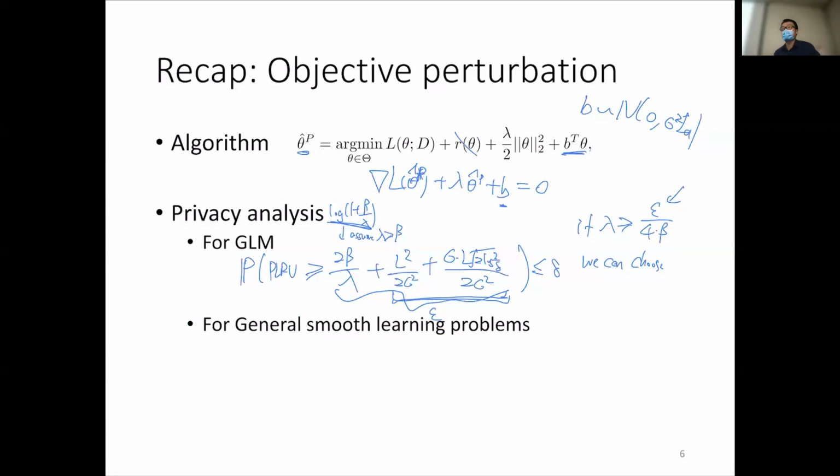Using the classical Gaussian mechanism, we can choose this sigma parameter. Notice that this sigma cancels with this sigma square in the denominator. We can choose this sigma to be proportional to the global L2 sensitivity, that is L, over epsilon over 2, because we want to calibrate to epsilon over 2, and square root of 2 log 1.25 over delta, and this suffices to give us a high probability tail bound of delta at this value.